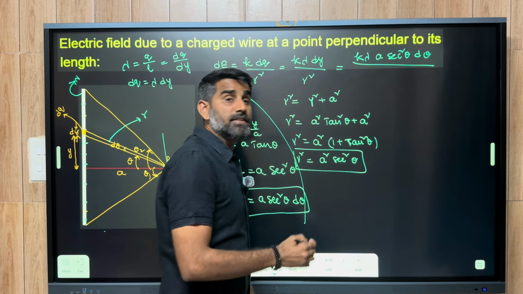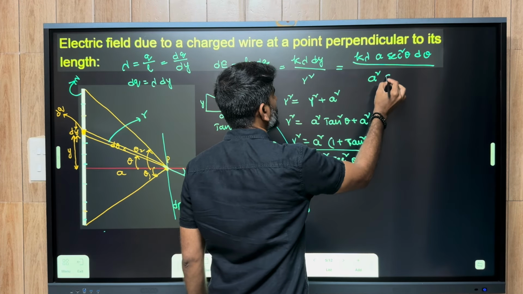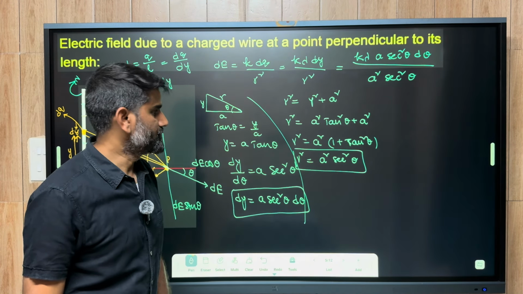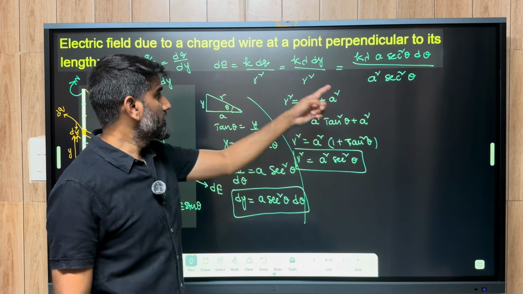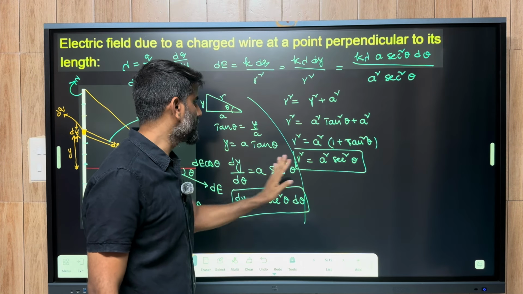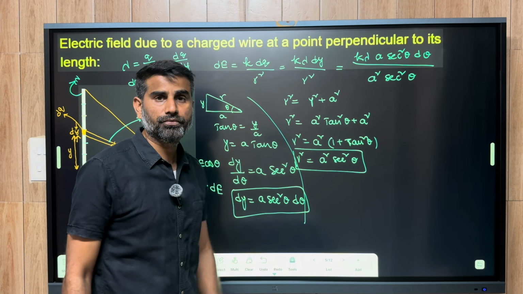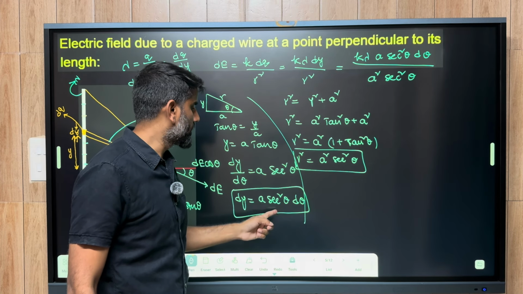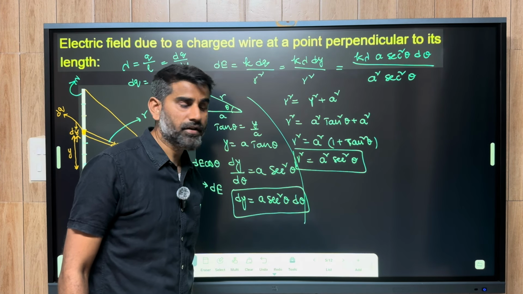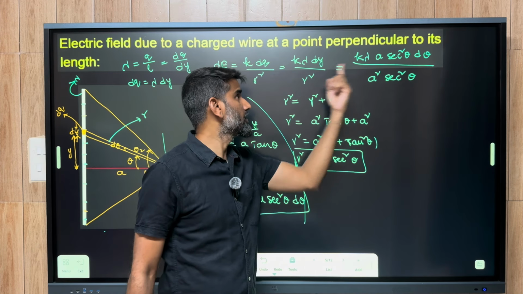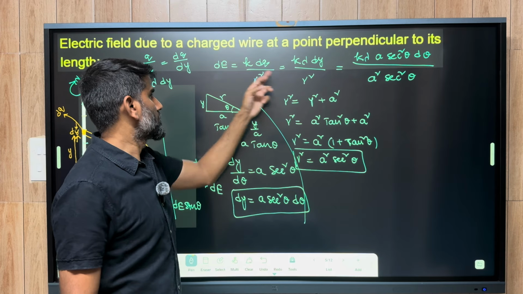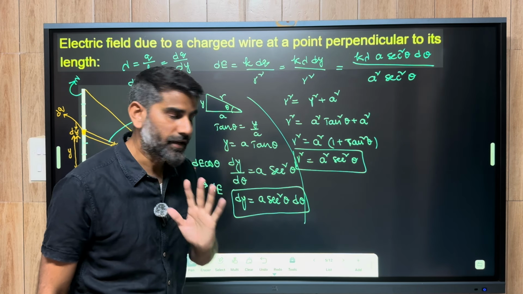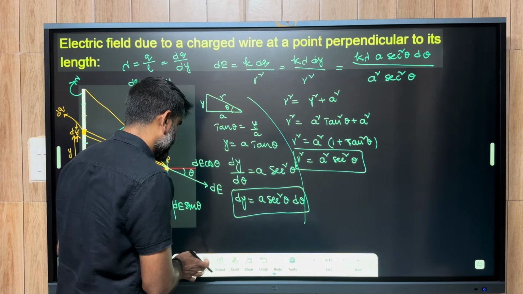R square is nothing but a square secant square theta. Once we write this equation, I'm going to wipe these two steps off. Hope you have got the clarity how we arrive at these two results, and we are using these two results in the known expression for electric field due to small charge. Okay, clear? Let's move on to the next step.